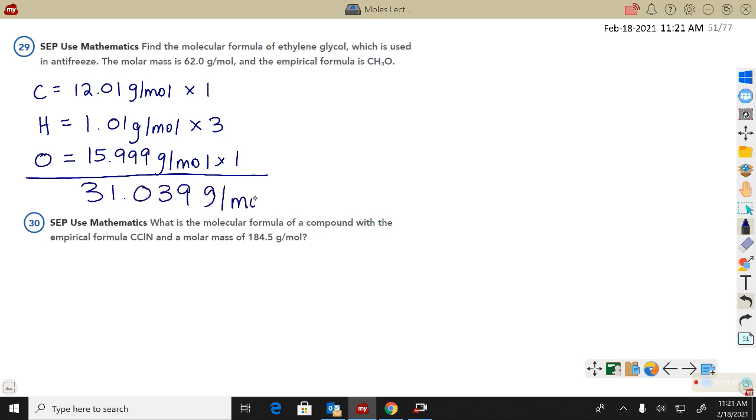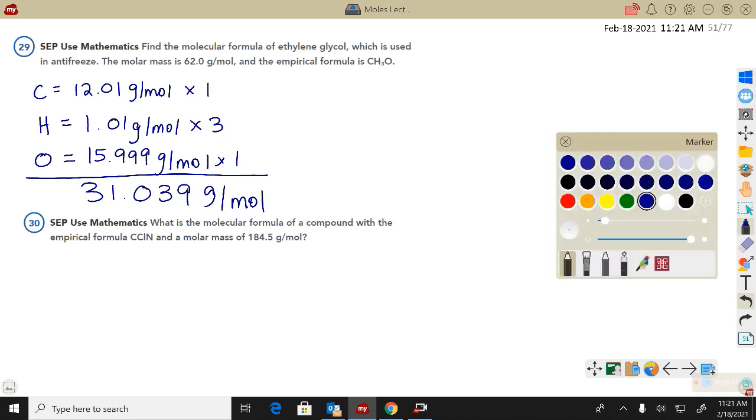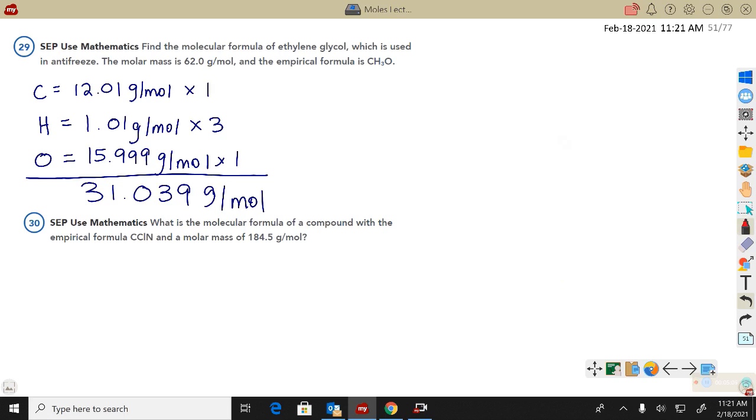Perfect. And now they have to give you that true molar mass of the compound. And all I have to do is compare them. And hopefully I get a whole number ratio. So it isn't an accident that the real molar mass was 62.